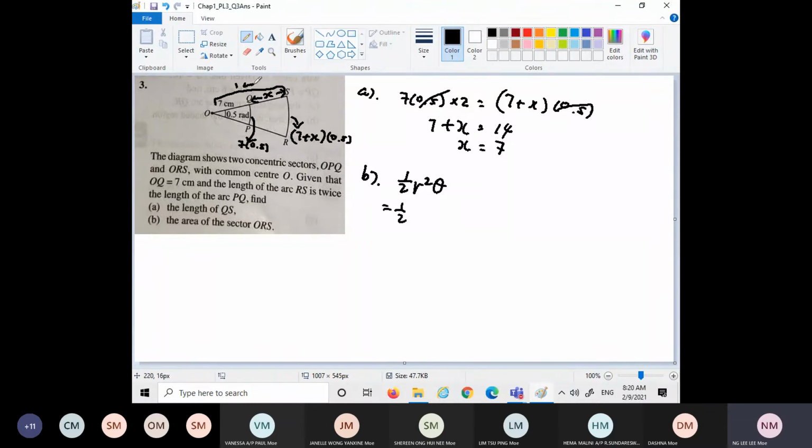The r now is 14, then theta remains 0.5. So the answer is 49. Not difficult.